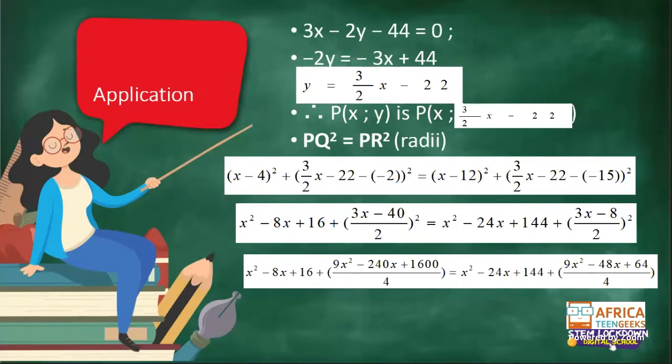So basically here now we're going to use the distance formula PQ squared equal to PR squared. So by so doing, you're going to see that you'll have x minus 4 all squared plus into bracket 3/2x minus 22 minus into bracket minus 2 all squared, which is equal to now x minus 12 all squared plus into bracket 3/2x negative 22 minus into bracket negative 15 all squared.